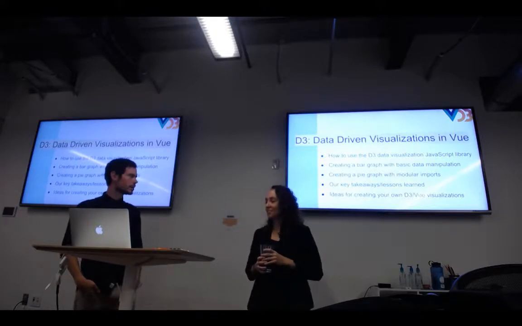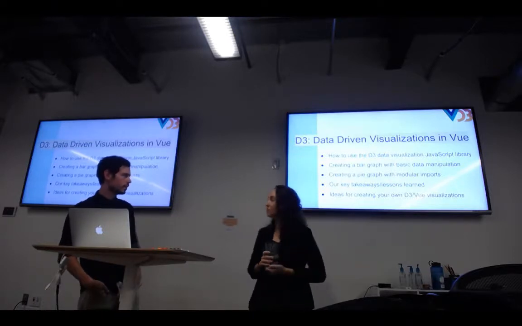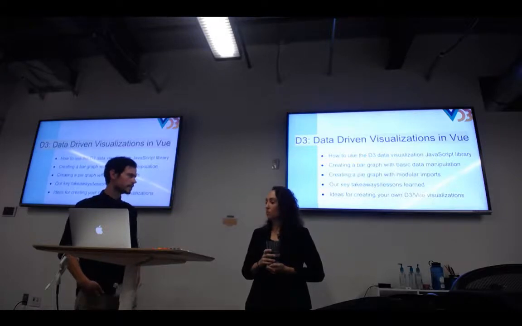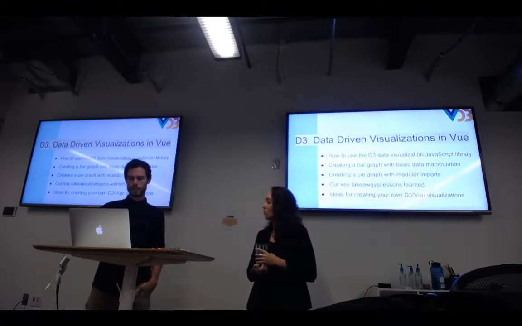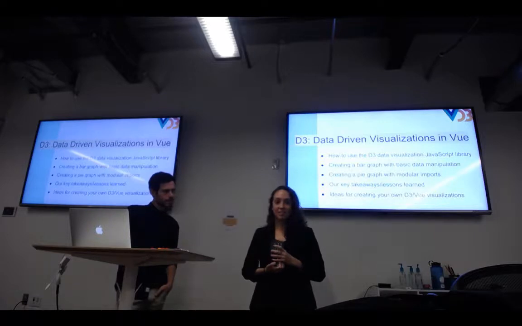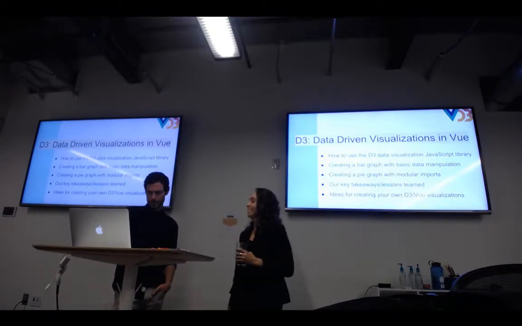And then we're going to talk to you guys about stuff that we learned putting this together and learning about D3 and using it with Vue, and give you some stuff to take away for trying on your own after this. And I promise that will be fun. The original idea was to do a workshop, but we decided that would be way too hard. So we'll just give you some things to take home with you.